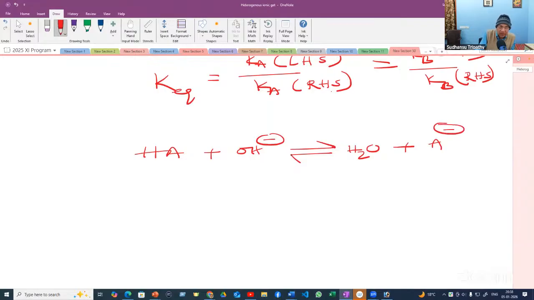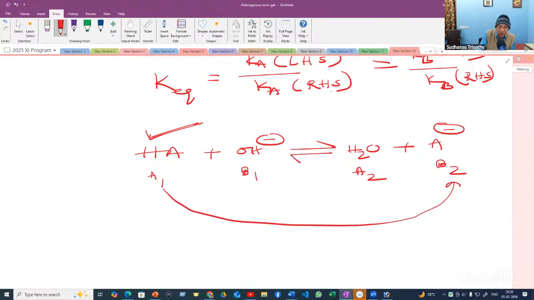Here HA is acid A1, and base is B1 giving A2 and B2. A1, B2 are conjugates, B1, A2 are conjugates. But we look at A1, A2, B1, B2 to find the equilibrium constant. HA is given, but you have to find the acid dissociation constant for water.